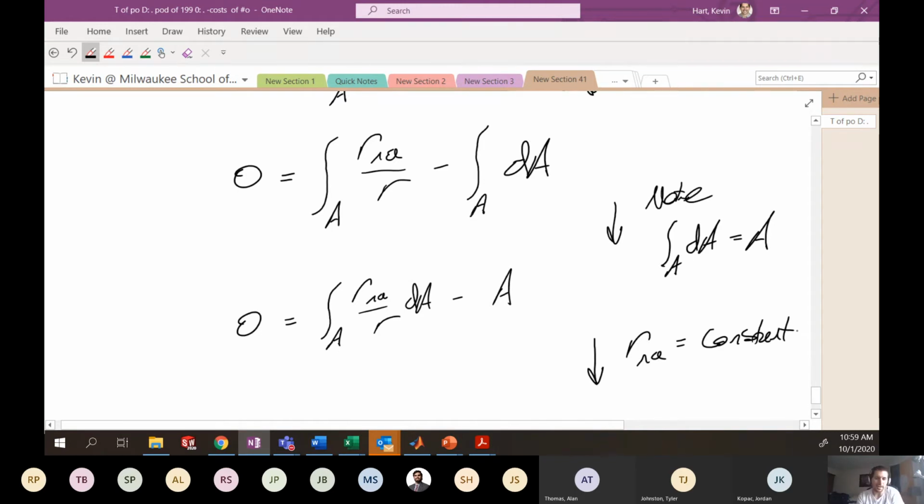This distance to the neutral axis is a constant value. It's just some number, okay? So it can be pulled out of the integral.